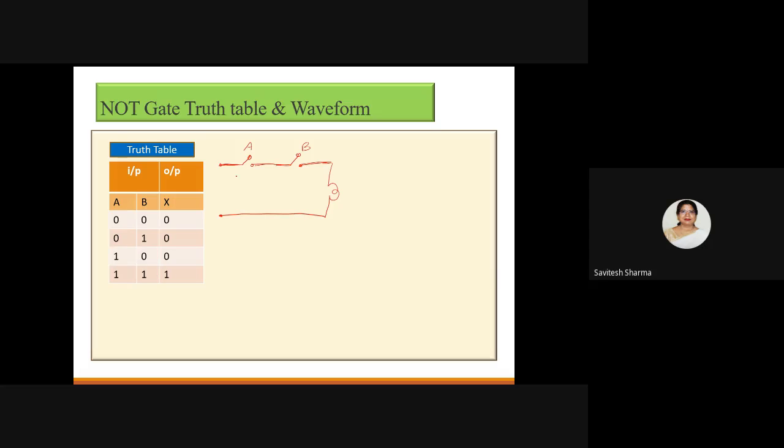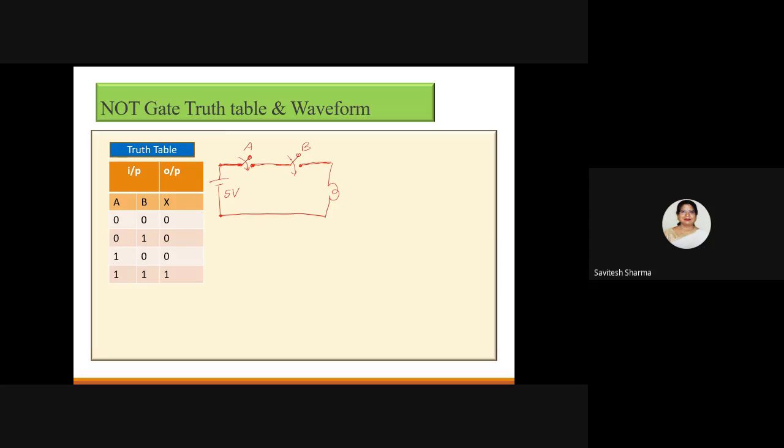You just verify. Suppose I am applying a voltage, suppose 5 volt. Now see the condition. These are my switches. Whenever a switch is closed, that means this point is now joined here. Whenever this switch is open, this point is open. If these 2 points are disconnected, you see these 2 points. These 2 points will be connected if this switch is closed.